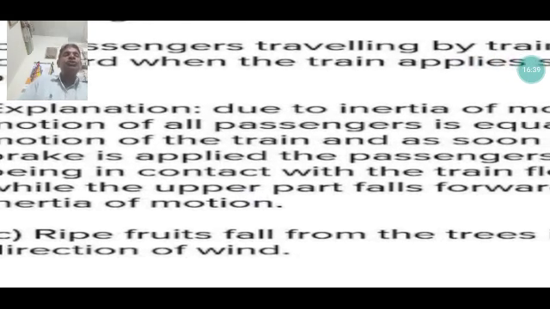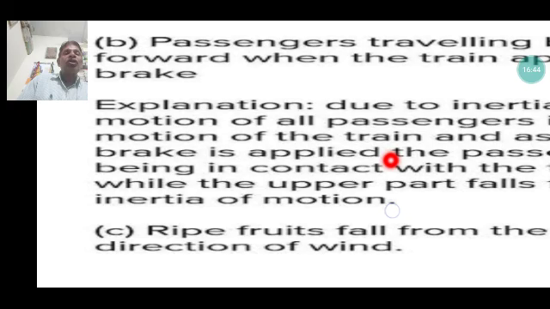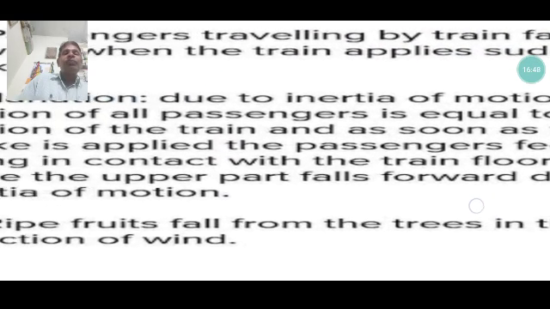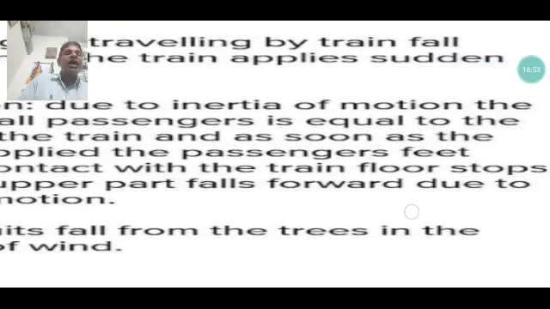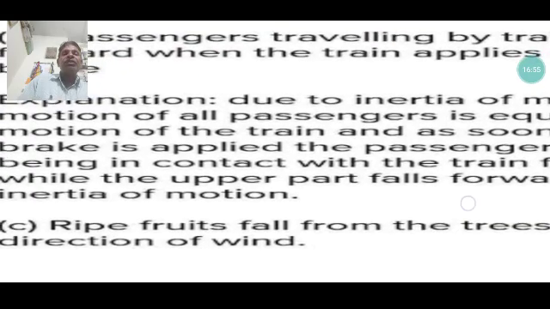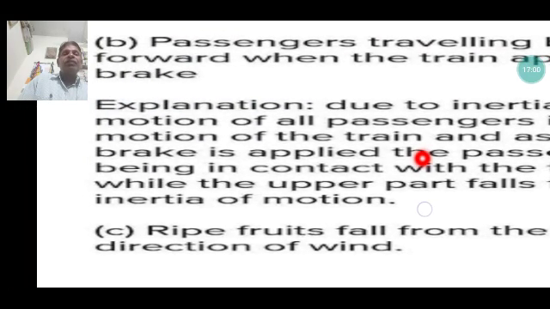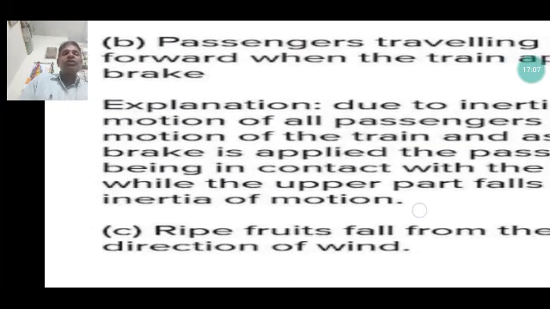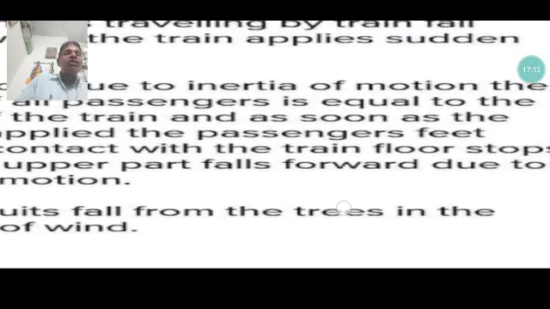The explanation is that due to inertia of motion, the motion of all the passengers is equal to the motion of the train, and as soon as the brake is applied, the passengers' feet, being in contact with the train floor, stop, while the upper part falls forward due to inertia of motion.